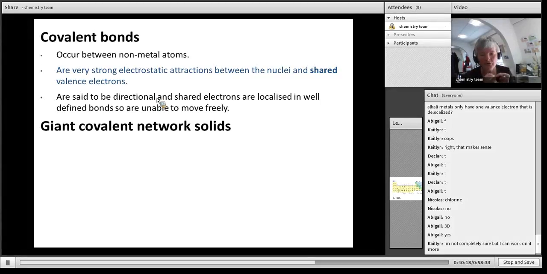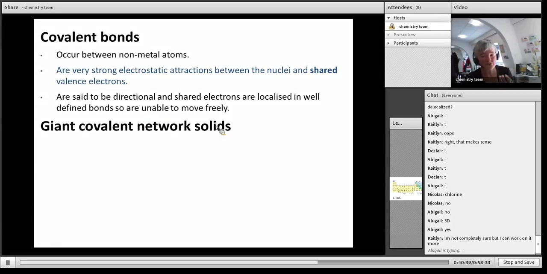They are localized between these two atoms only, which means that those electrons can't move from one end to the other because they're stuck between those two atoms. And they're quite rigid in that position, so it does give rigidity to a structure.